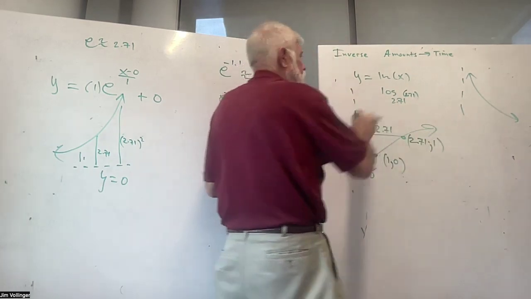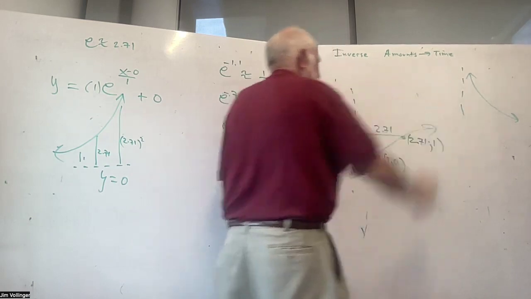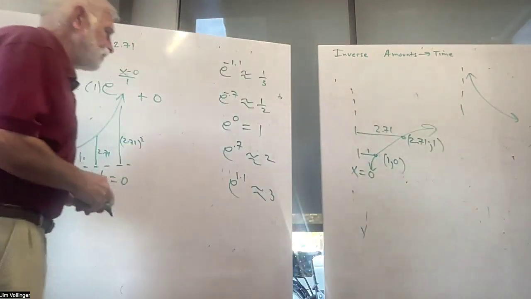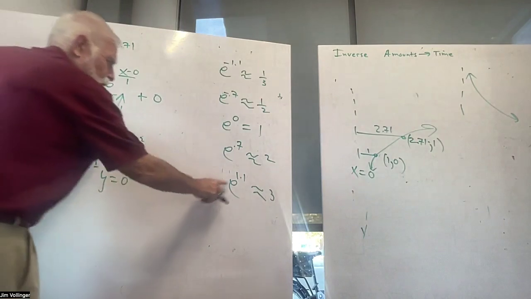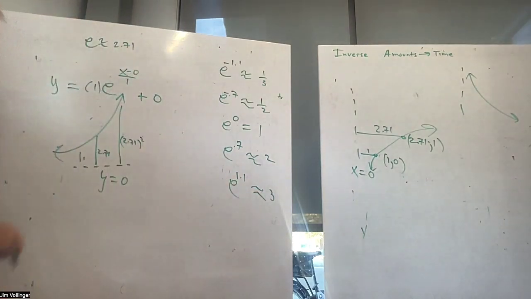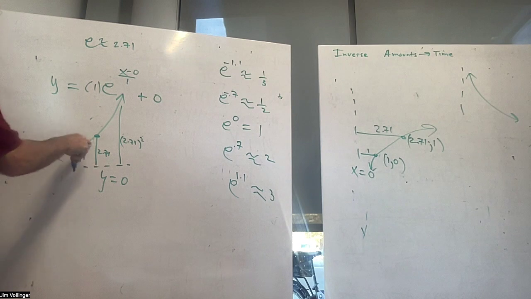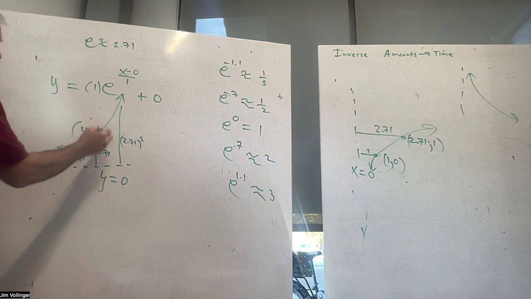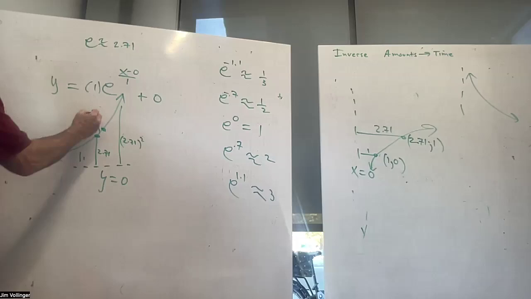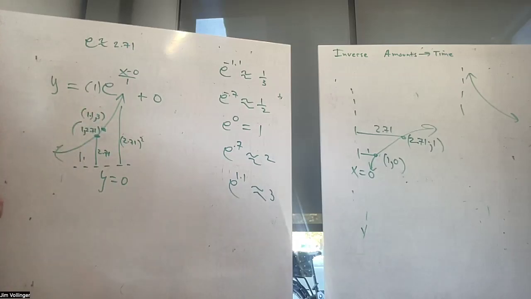All right, so can we maybe fill in a couple of these other values just to get a feel? I said that e to the 1.1 is 3. All right, so this is e to the 1 is 2.71. Does it seem like 3 would be just a little bit bigger than that, at 1.1 might get us 3?